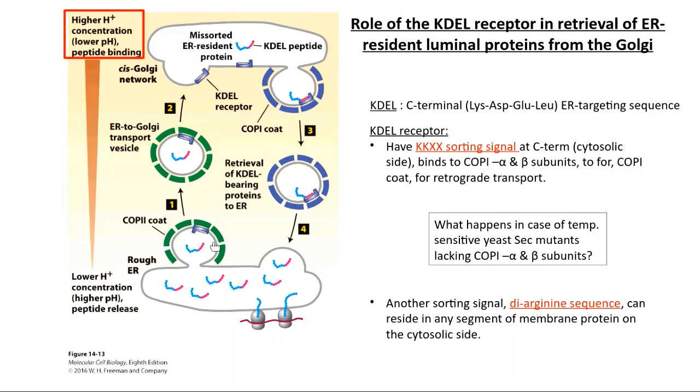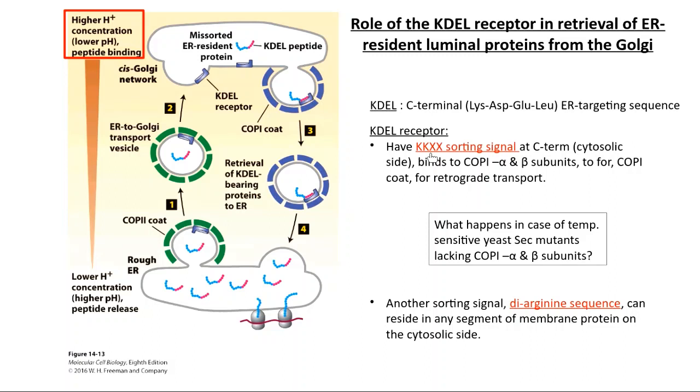So here, due to the high pH, the peptides with the KDEL sequence get released in the ER. The peptide with the KDEL sequence gets recruited by the KDEL receptor in the cis Golgi due to the low pH. Okay.